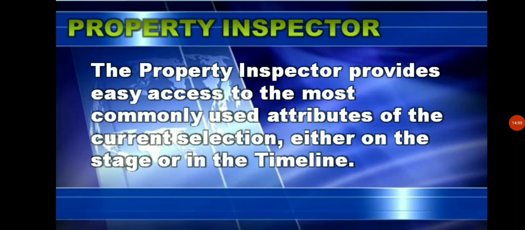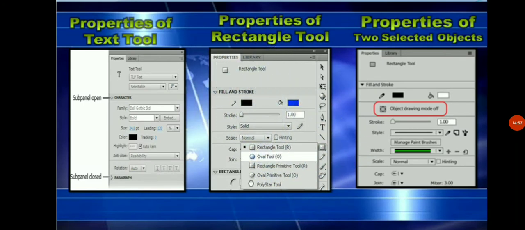So we have three property inspectors. The first is the properties of the text tool. Second is the properties of the rectangle tool. And the third is the properties of the selected object.